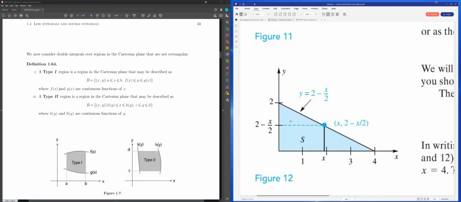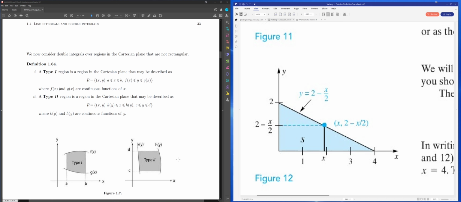If you look at these points, they are lying between y is equal to 0, which is the x-axis, and they're lying below y is equal to 2. So the c and the d over here would be 0 and 2.